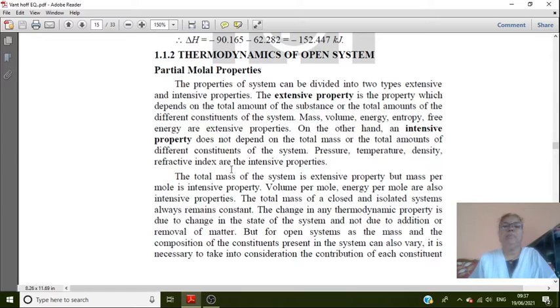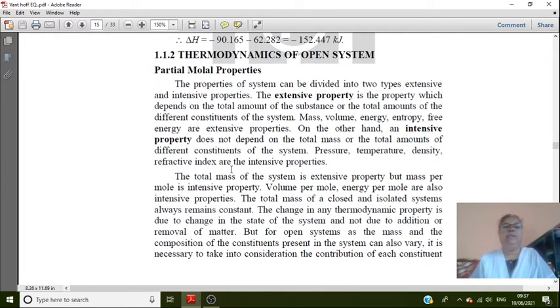The extensive property is the property which depends on the total amount of the substance or the total amount of the different constituents of the system. For example, mass, volume, energy, entropy, and free energy are extensive properties.